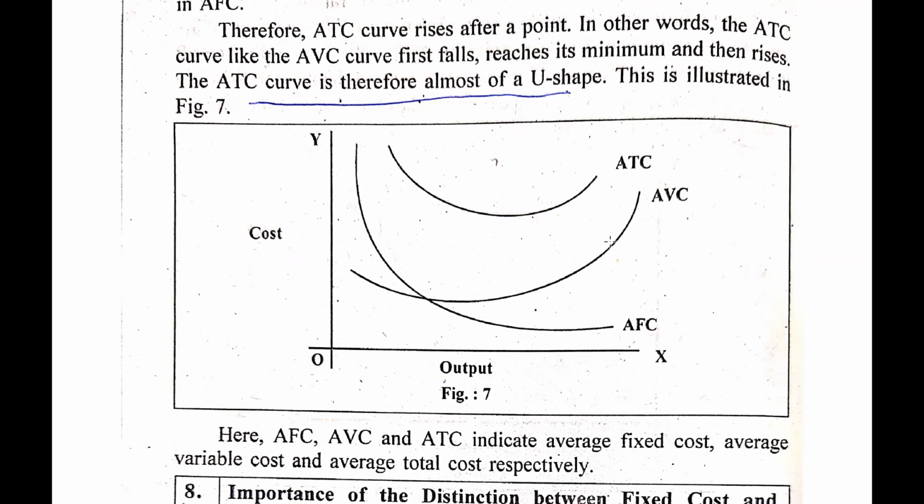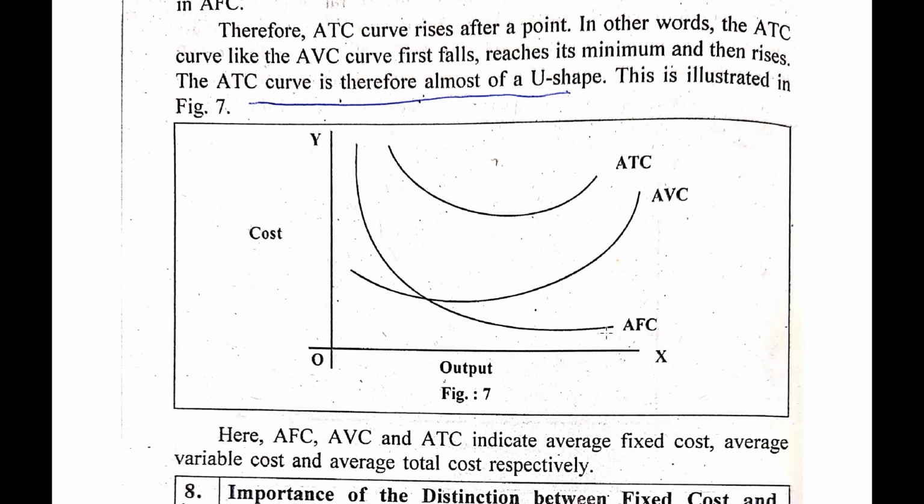So when we add average variable cost and average fixed cost, average total cost will decrease from the beginning, and it will also keep decreasing after a middle point. Means when average variable cost starts increasing, average total cost still decreases, because average fixed cost is decreasing.